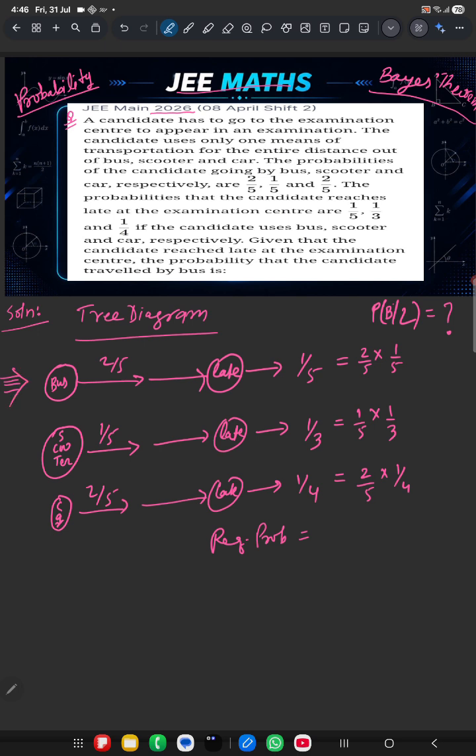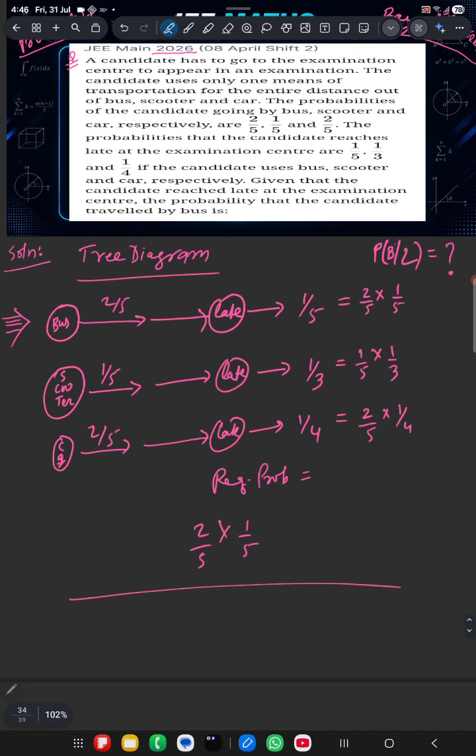So the required probability in this case will be 2 by 5 into 1 by 5 divided by the sum of all, that is 2 by 5 into 1 by 5 plus 1 by 5 into 1 by 3 plus 2 by 5 into 1 by 4.